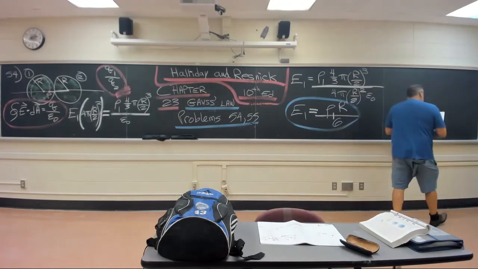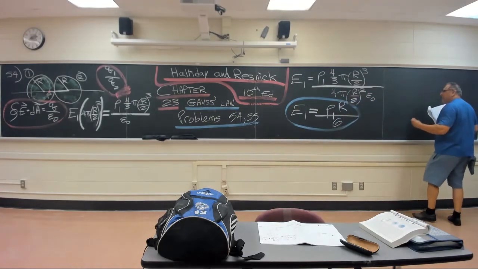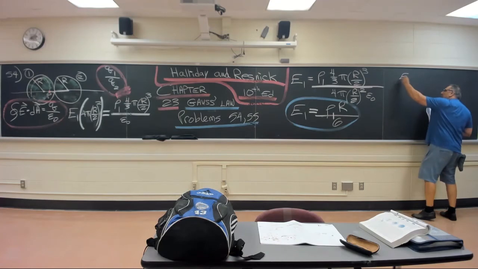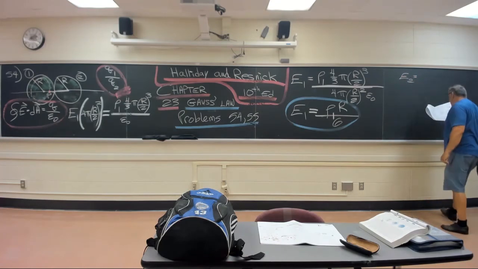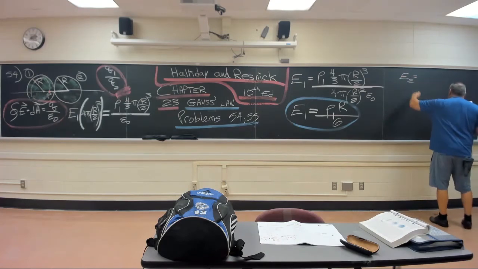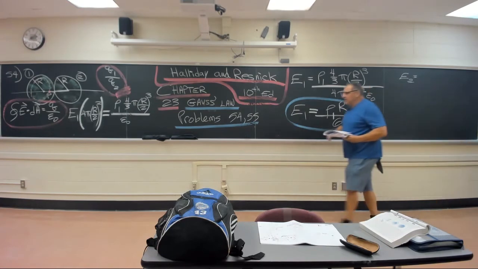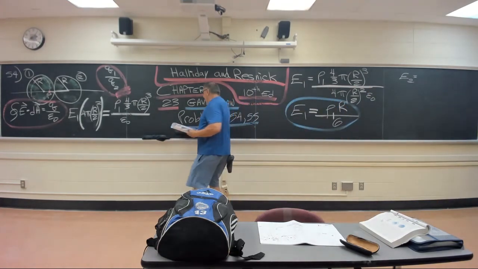You can do the same exact kind of argument, guys. It's going to be E sub 2 times, and like I said, what's the Gaussian surface under consideration?